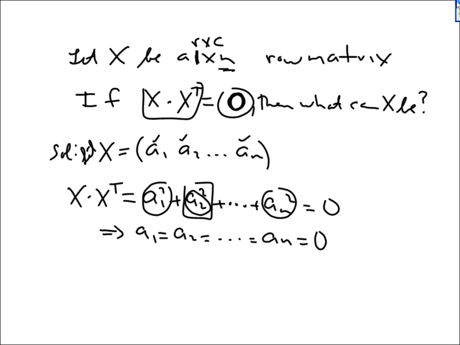Once one of them is more than 0, when you add them up, you ain't getting 0. Okay. Well, if a1, a2 up to an are all 0, that implies x is the 0 row vector.